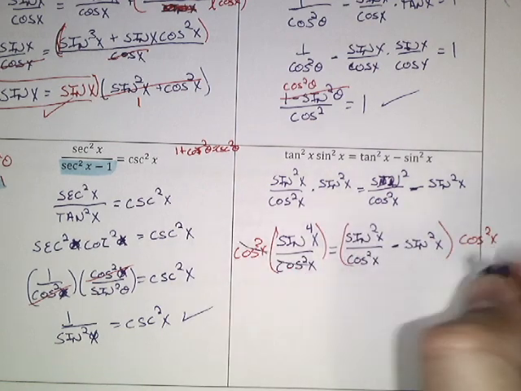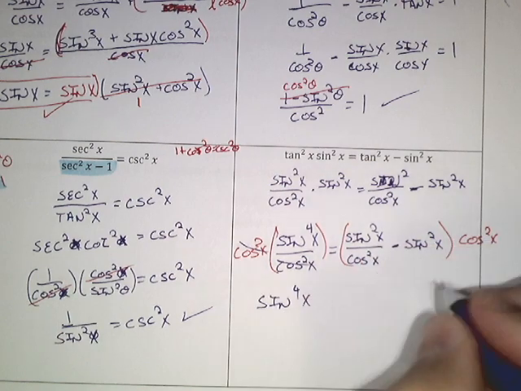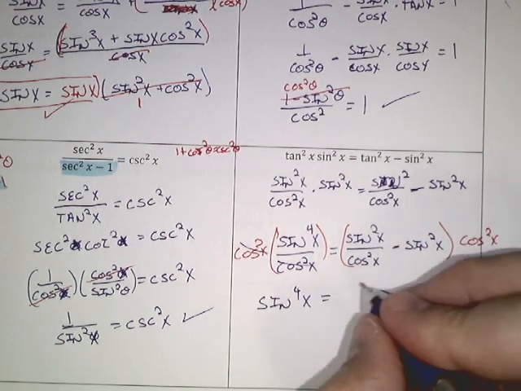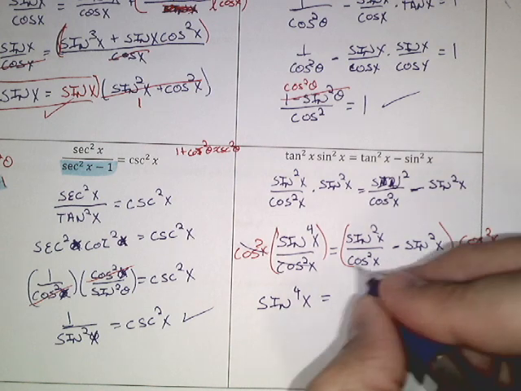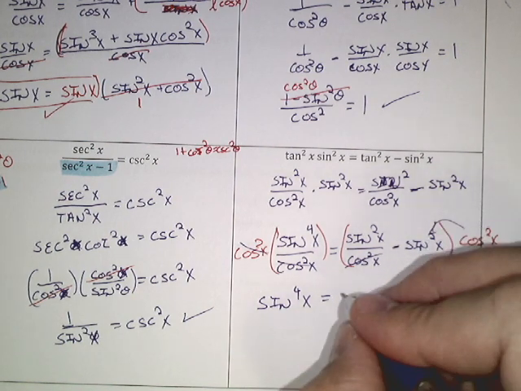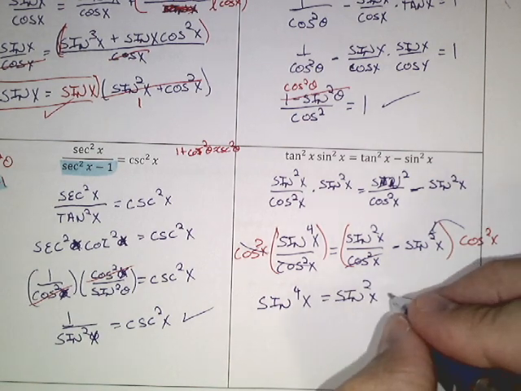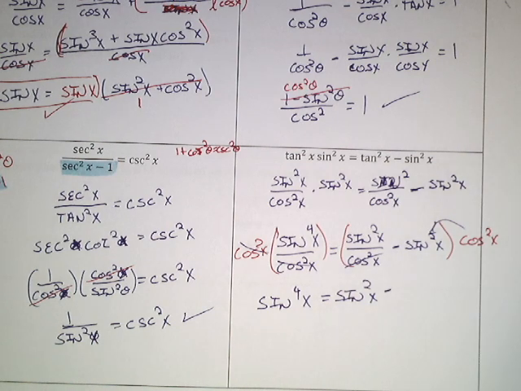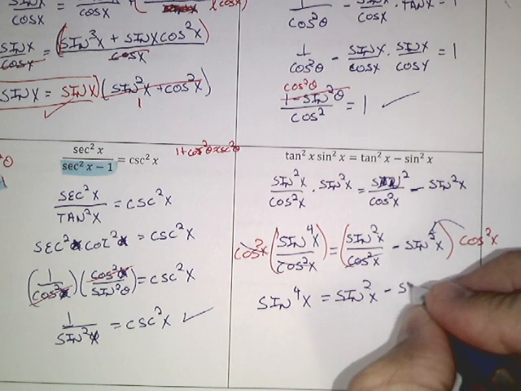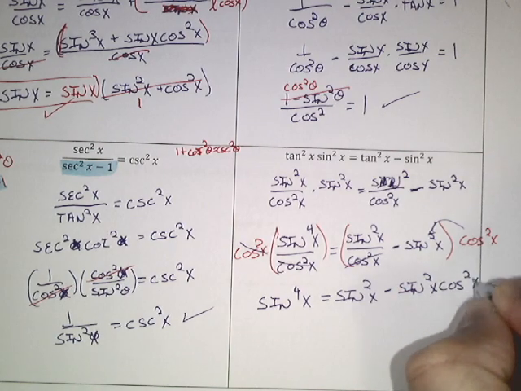So those will cancel out, and this would give me sine to the 4th power x is equal to, so that cosine would cancel out, but this would distribute in. So we get sine squared x minus sine squared x cosine squared x.